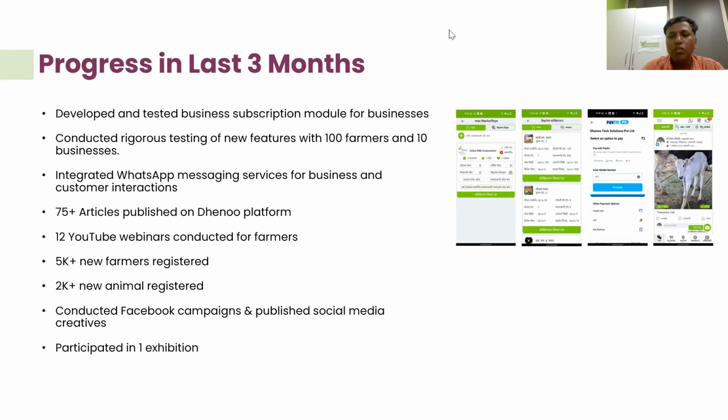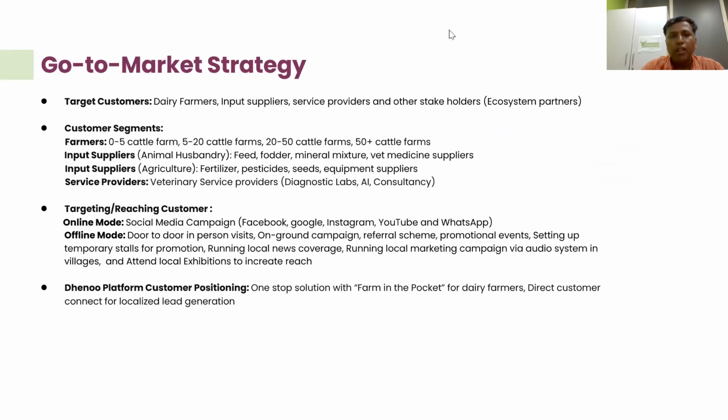We have also attended local exhibitions here, and we have now started a business subscription module for the business people or farmers that want to do business with the other farmers in the network.